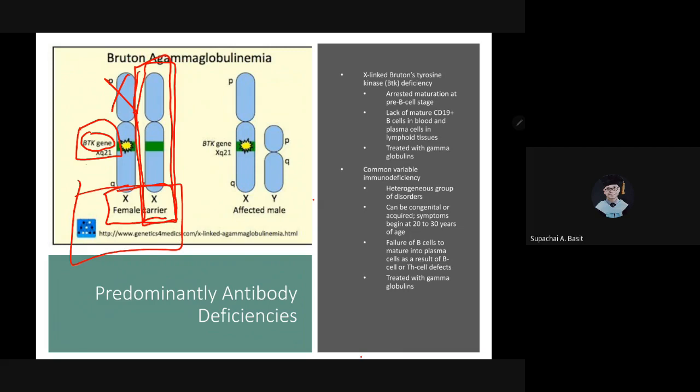a male would have XY chromosomes. And if the X chromosome of the male is affected and he doesn't have another X chromosome, the BTK gene will be expressed. Okay?